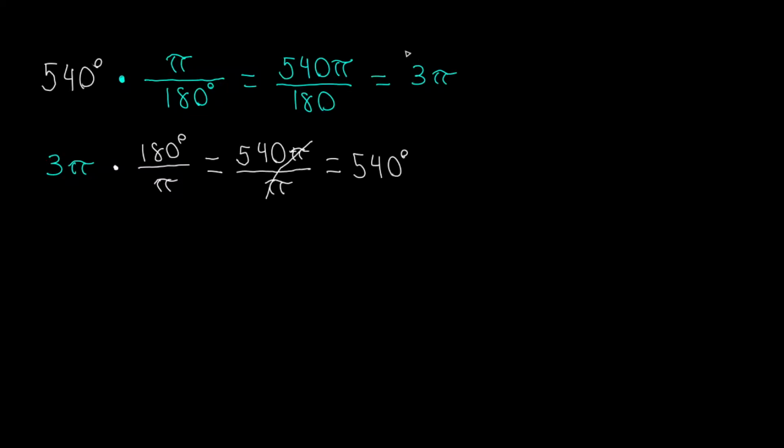Let's do some more examples. What if we're given negative 2 pi and asked to convert it to degrees? We multiply it by what we want, degrees, over what we want to get rid of, pi.